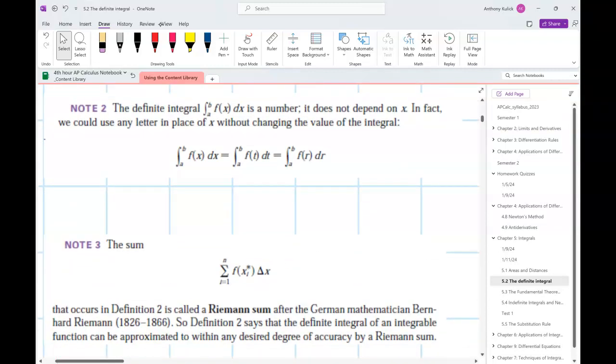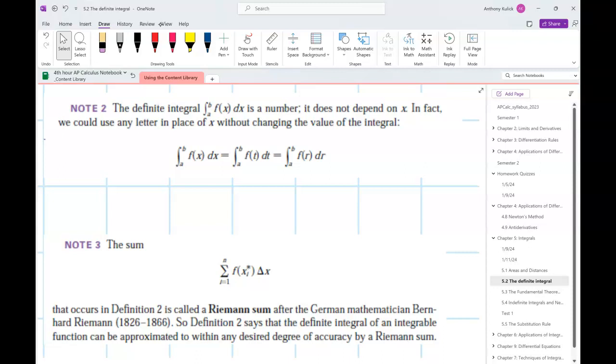So this sum of rectangles that we looked at in 5.1, we're now going to give a name to this. We're going to call this a Riemann sum. That's a name you should know. The AP will use that vocabulary.